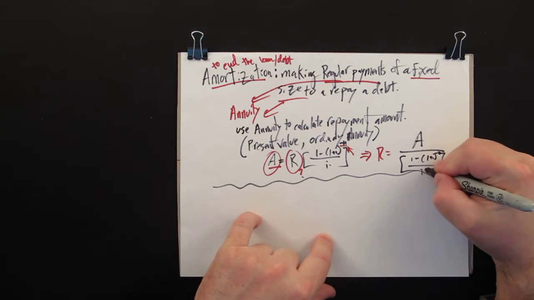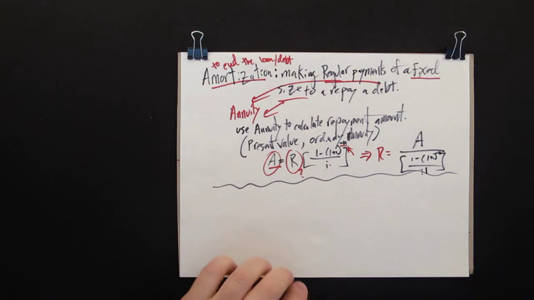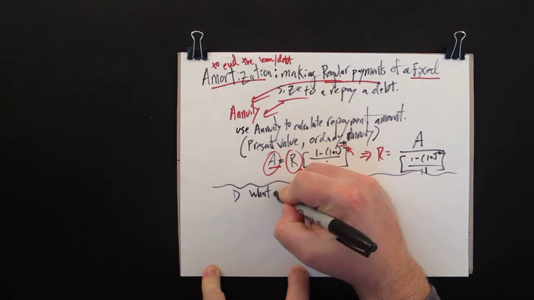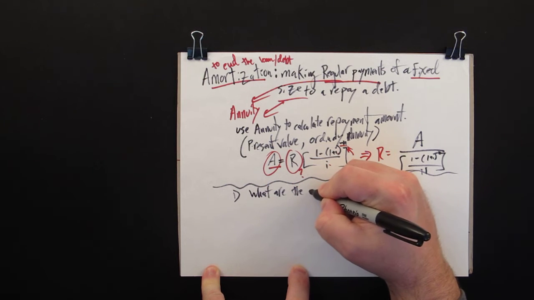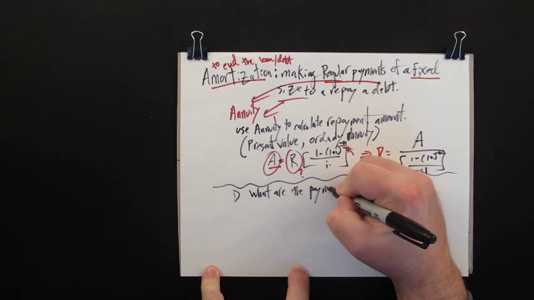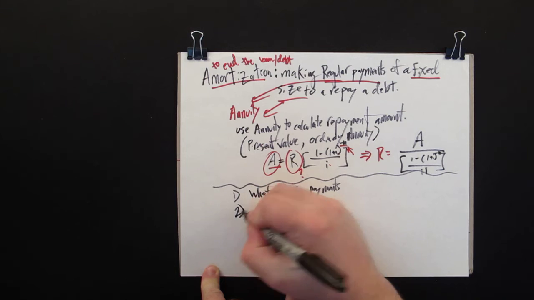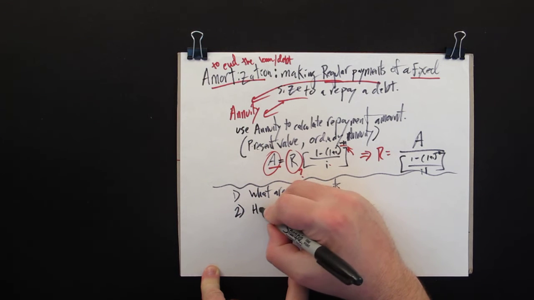Okay. So what you would like to know here are, what are the payments? Okay, so that's how you find the payment. How much can be borrowed on a budget?